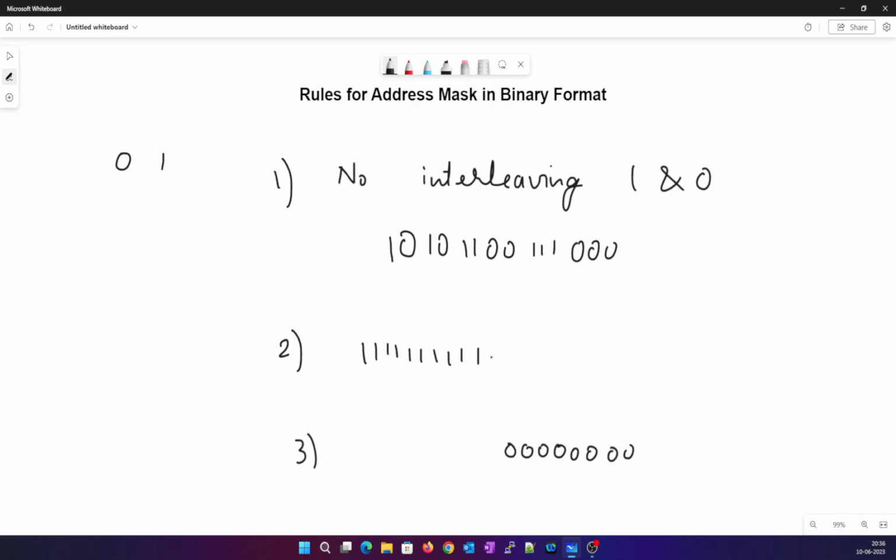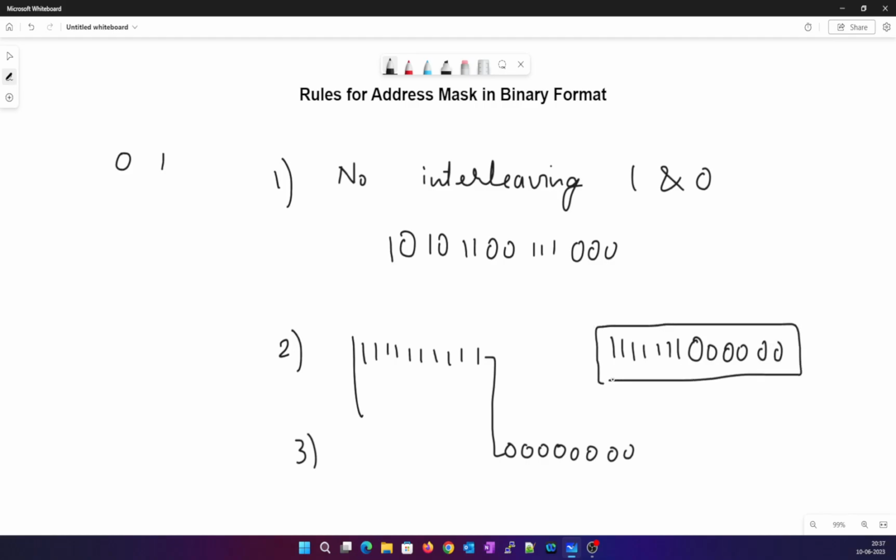If we combine these together, this would look like 11000000. So this is the binary IP address format that any computing device understands.